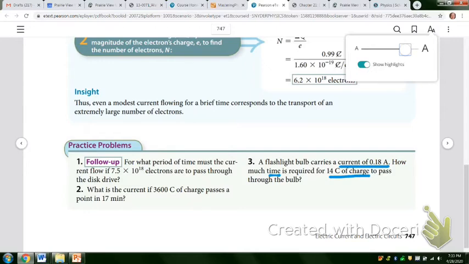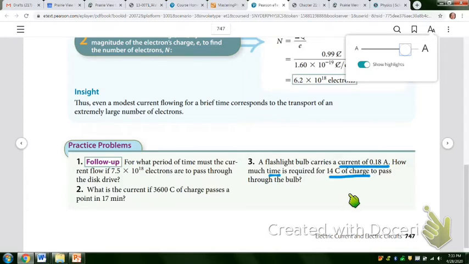So if you look at your worksheet that I gave you, on there I believe it says that current is the variable I, charge is the variable Q, and T is the variable time. So what formula do we have?